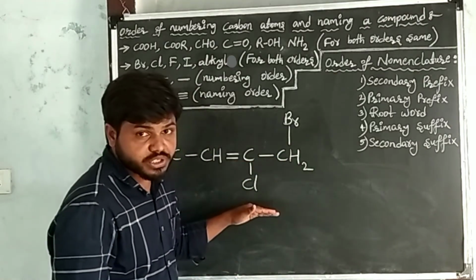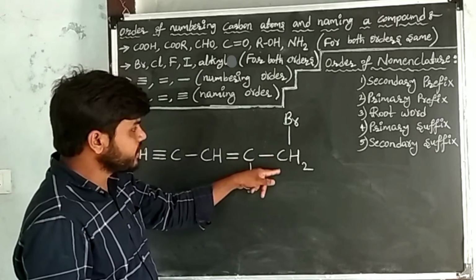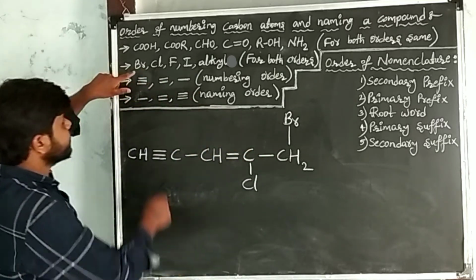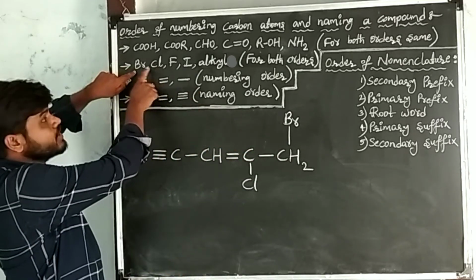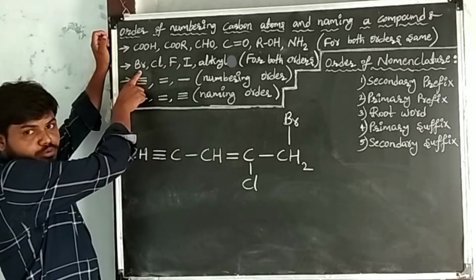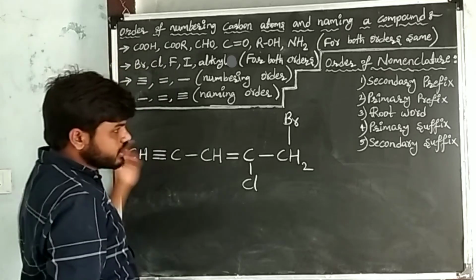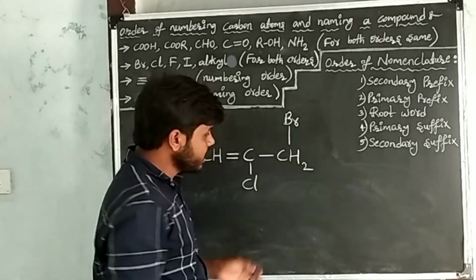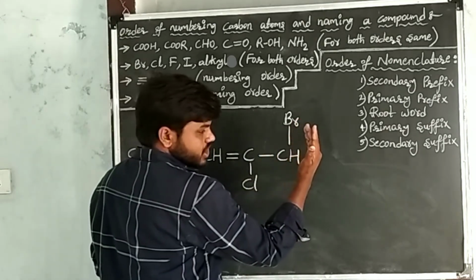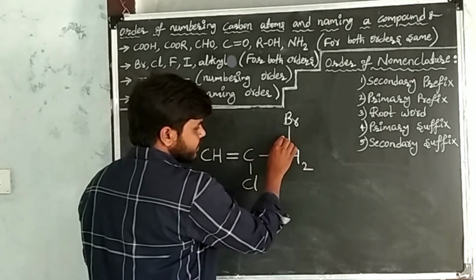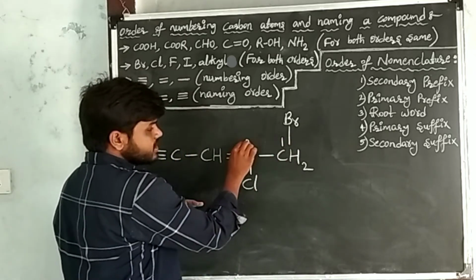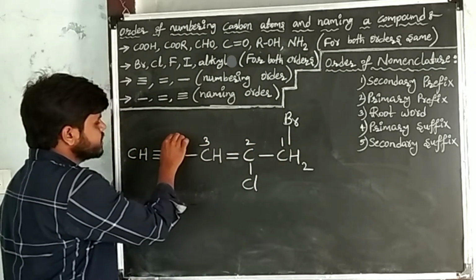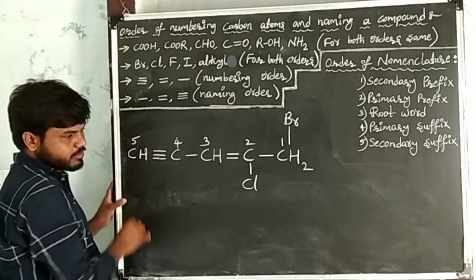When you give the numbers to each carbon atom, give priority to bromine. See the order of numbering: bromine and chlorine. From these two, give priority to bromine, then chlorine, right? That's why I am starting from the right side. This is the first carbon, this is the second carbon, this is the third carbon, this is the fourth one, and this is the fifth carbon.